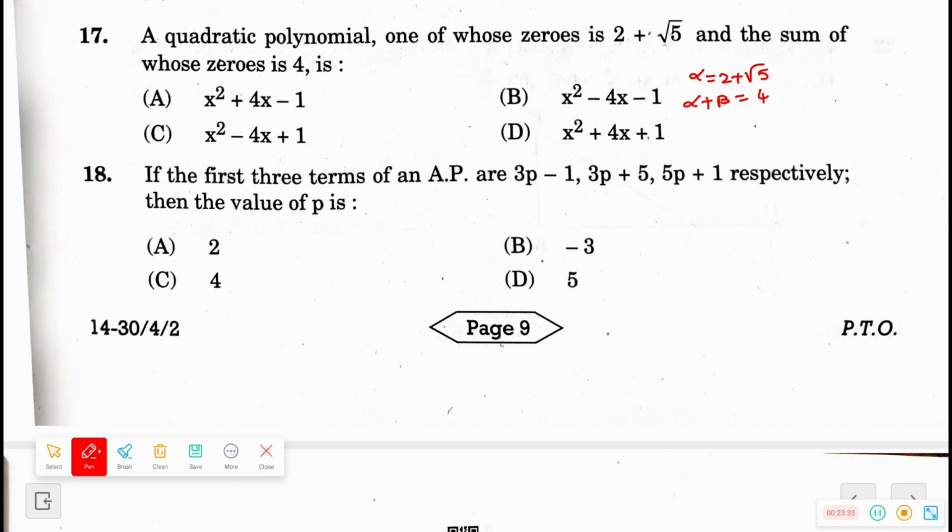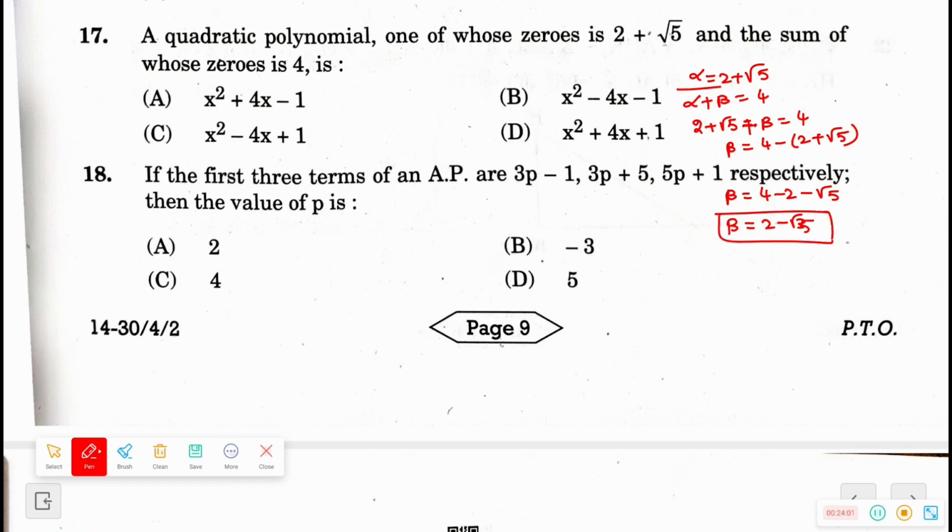So from this, what is beta? Beta we can find out. 2 plus root 5 plus beta is equal to 4. Then beta is equal to 4 minus of 2 plus root 5. So beta is equal to 4 minus 2 minus root 5, which is 2 minus root 5.